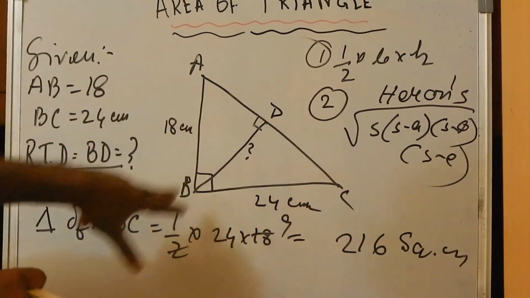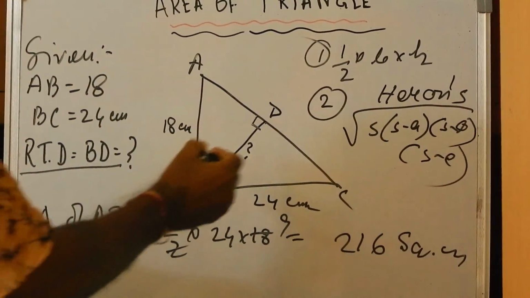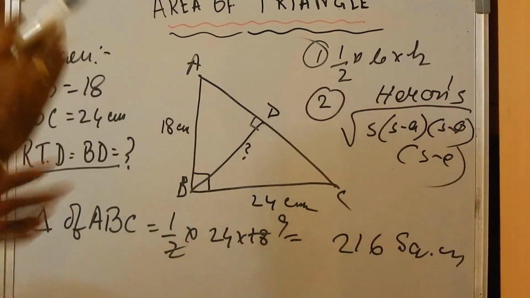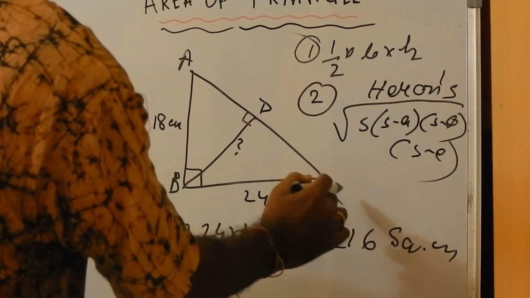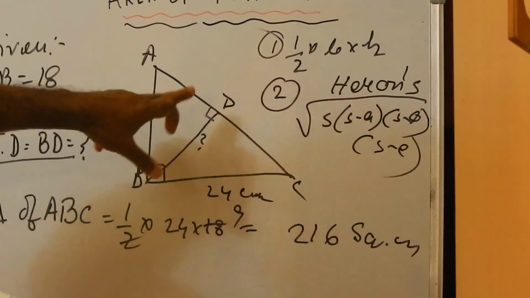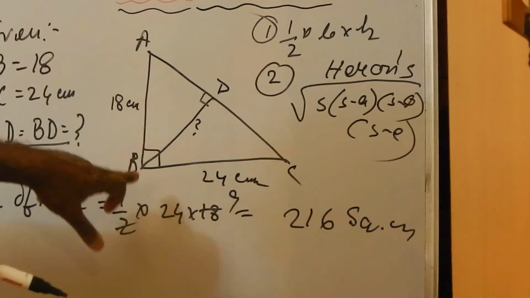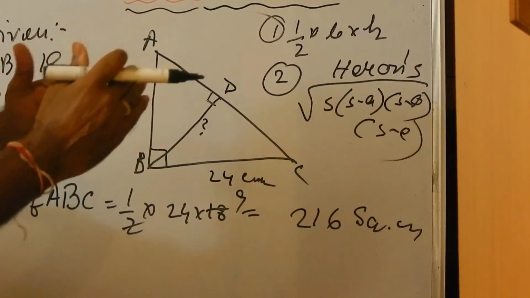BD is within this triangle, and you see that BD is also a perpendicular, on AC. AC is the hypotenuse here, and BD is another perpendicular. AB was a perpendicular, and BD is another perpendicular on AC.